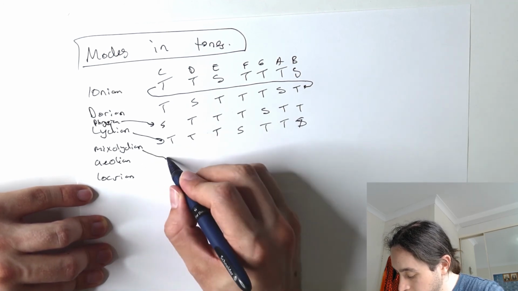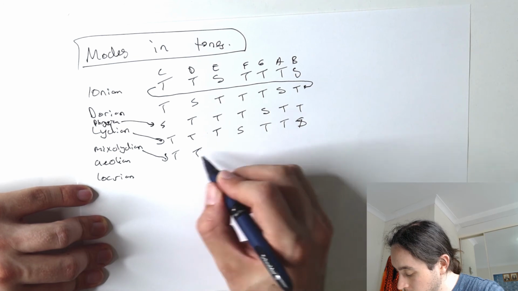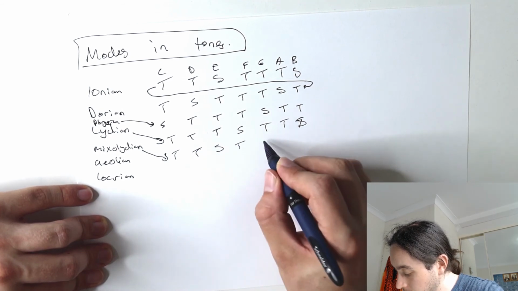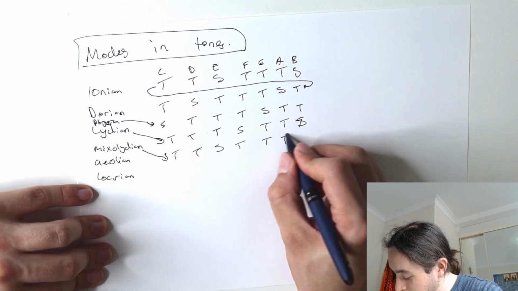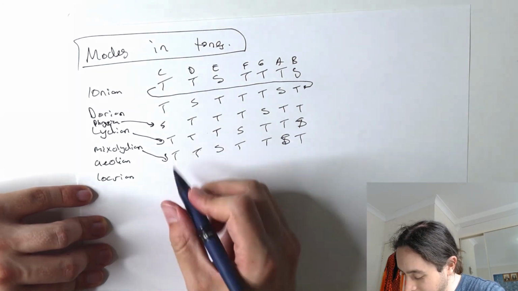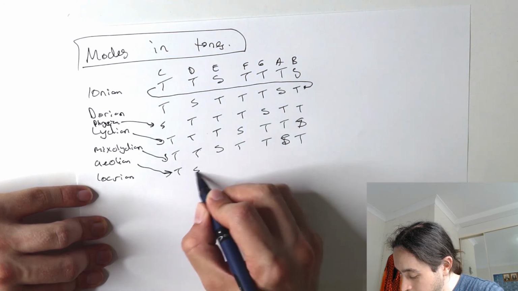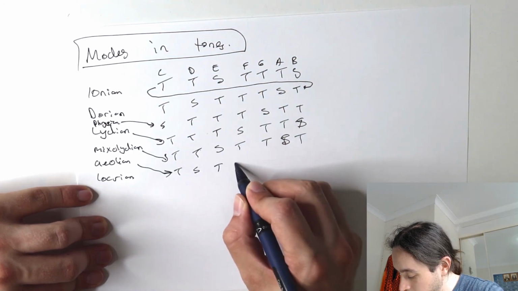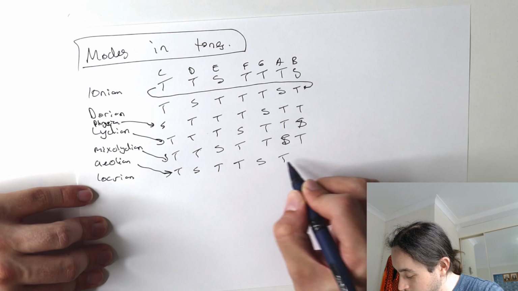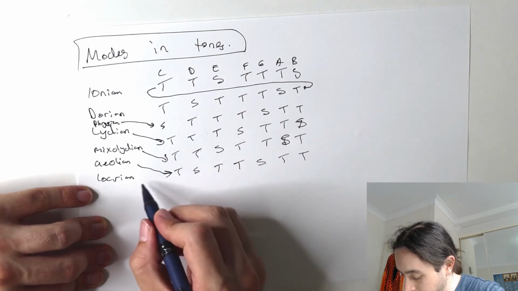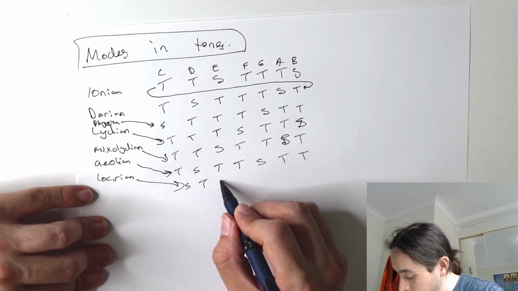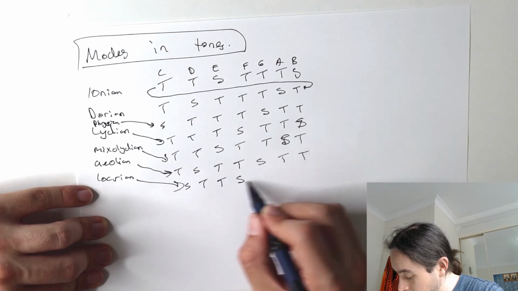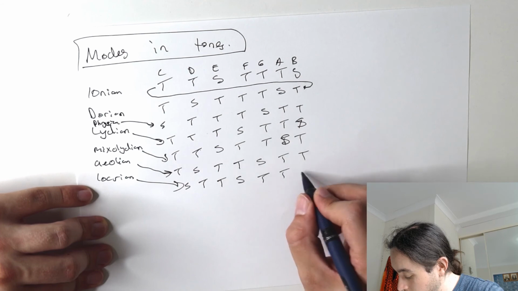Mixolydian here is tone, tone, semitone, tone, tone, tone, semitone, tone. All right. Aeolian, tone, semitone, tone, tone, semitone, tone, tone. Okay. And Locrian, finally, we've got semitone, tone, tone, semitone, tone, tone, tone.